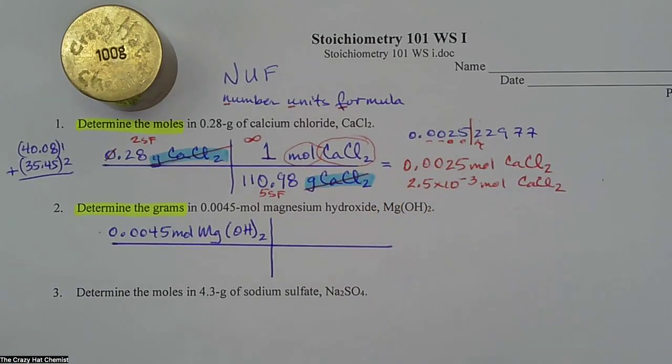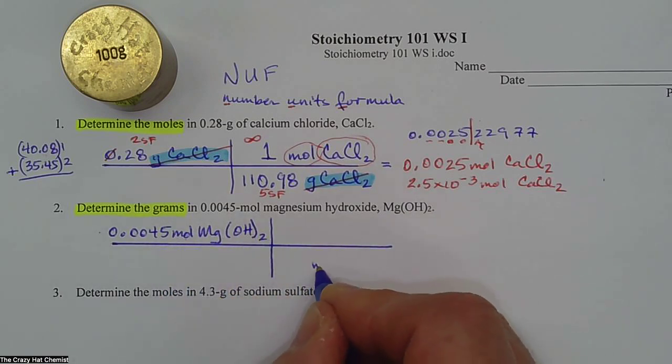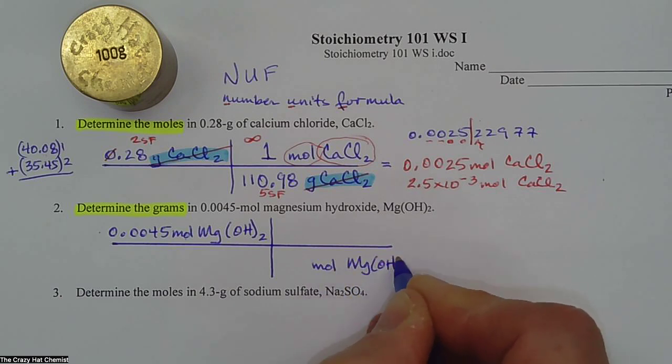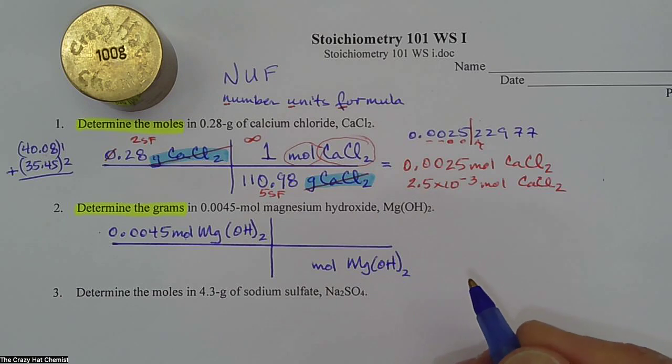Okay, and then what we're going to do is we're going to look at the units that are in this numerator term here. Those are moles and the formula Mg(OH)2. So I'm going to copy these units and formula. I'm going to place them down here, mole of Mg(OH)2, just like that.